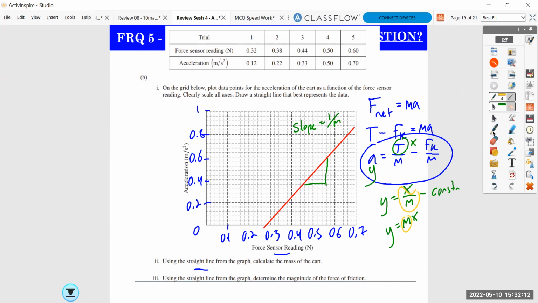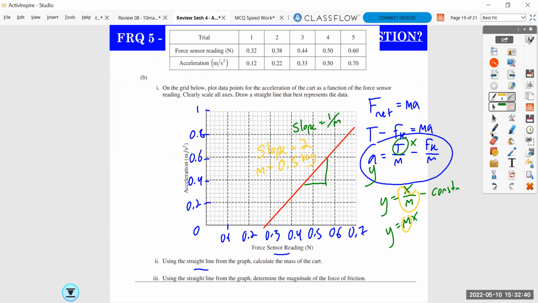If you draw this line the best way you can, and then really count those boxes carefully, I ended up with a slope of about 2-ish, which gave me a mass of 1 over 2, about 0.5 kilograms. You do need to find the slope here. The official answer is like 0.47, but really anything in the 0.5-ish range is pretty good.